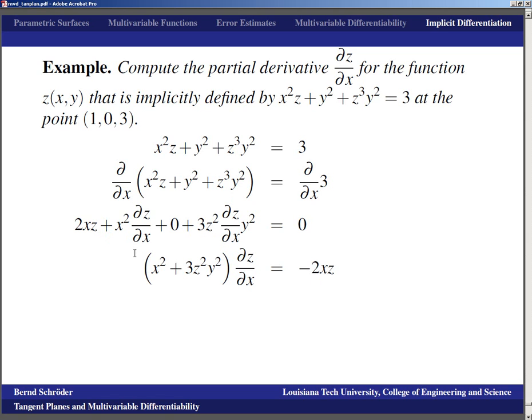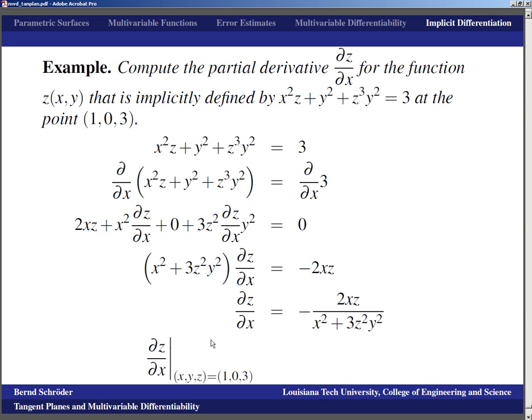So we factor that out, and we keep in the parentheses an x squared, which is here, and a plus 3z squared, which is here, times y squared, which we must not forget because it's part of that factor. If we then divide by this factor, we really get an explicit expression for dz dx, which is negative 2xz over x squared plus 3z squared y squared.